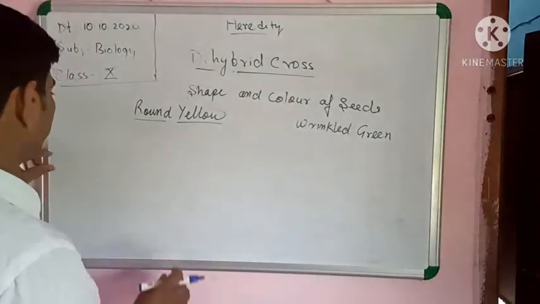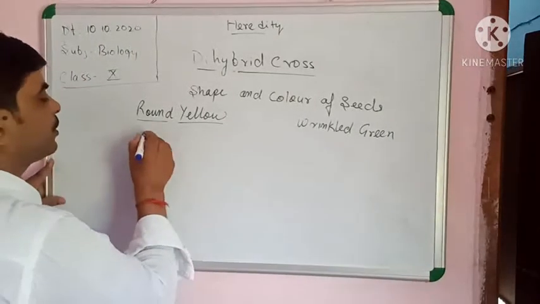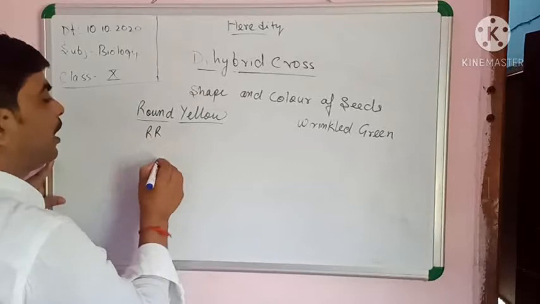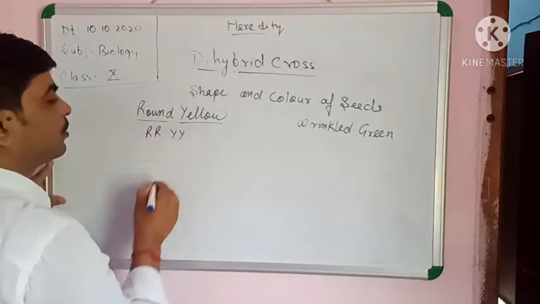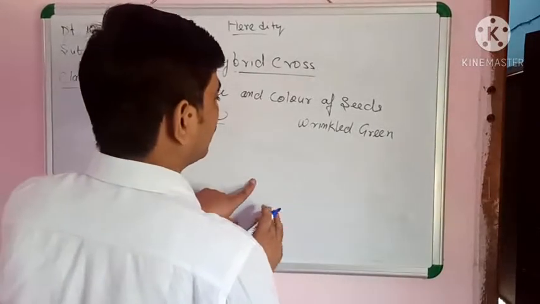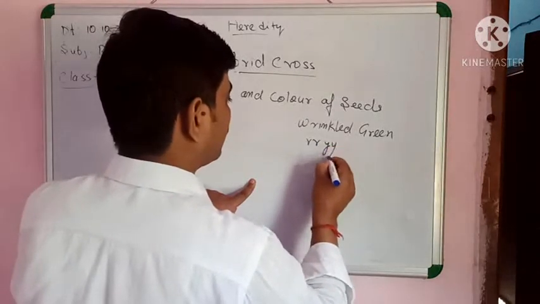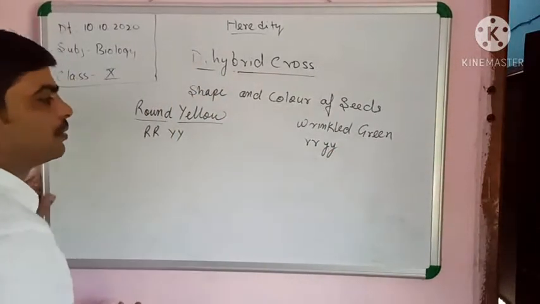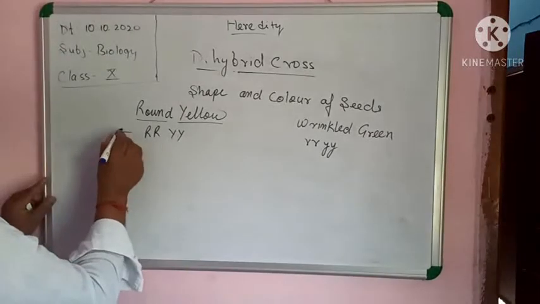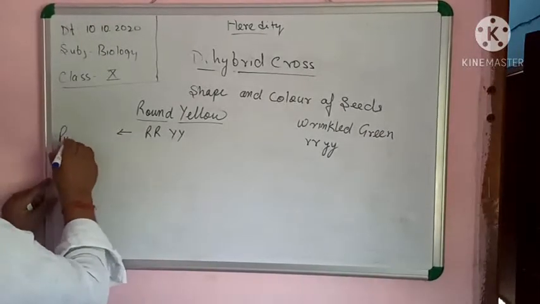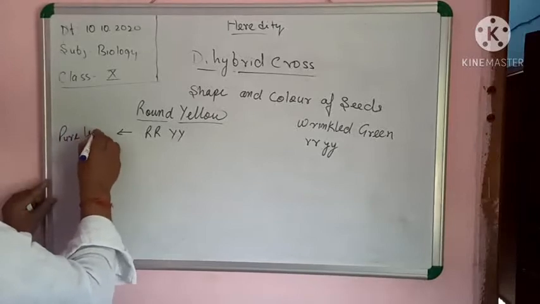Now this is the phenotype. Genotype is RRYY, and here the genotype is rryy. Okay, so this is the pure line parent. Pure line.